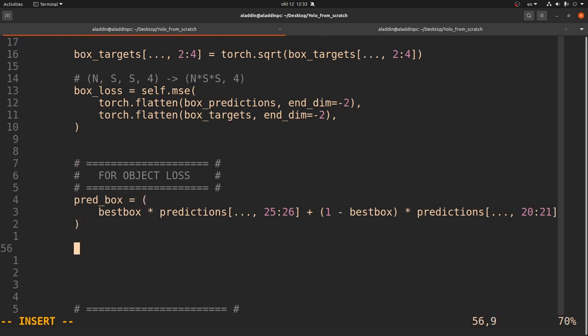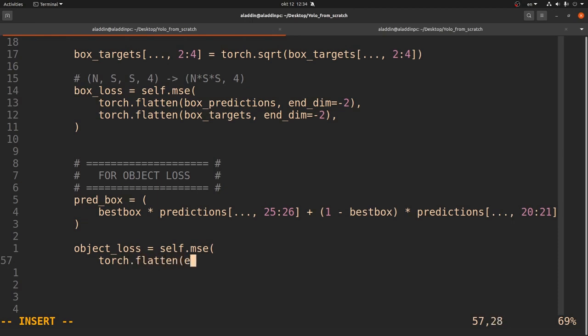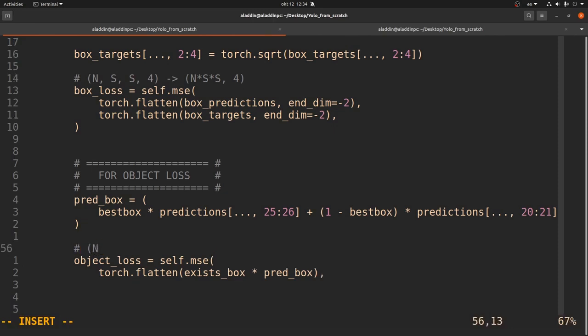And then we're going to do object loss is equal to self.mean squared error of torch.flatten of exists box times pred box. And why we're doing this is because we want to flatten to make sure that we have the same shape that mean squared error is going to take as input, which is that we have the number of examples here, or in this case N times S, comma 1.